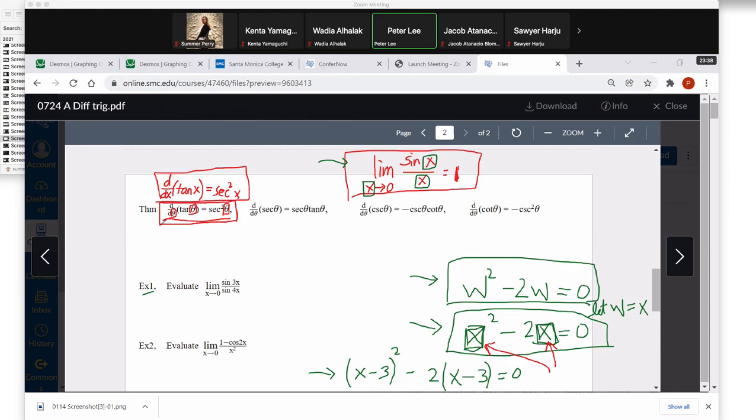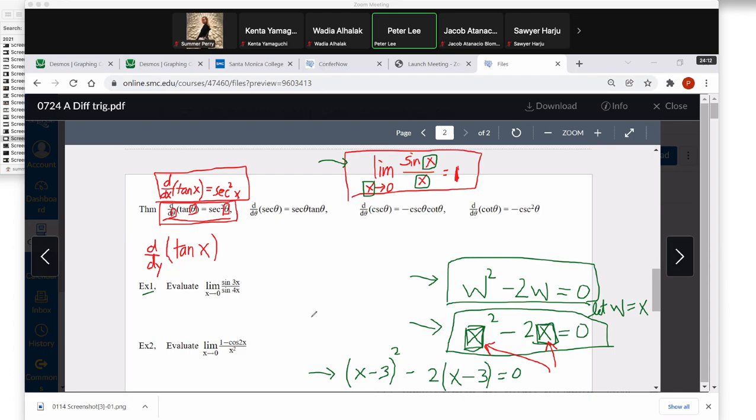Now, when you get to section 2.6, some of you may ask, are you ever going to see a problem where we take the derivative of tangent of x, but with respect to y?